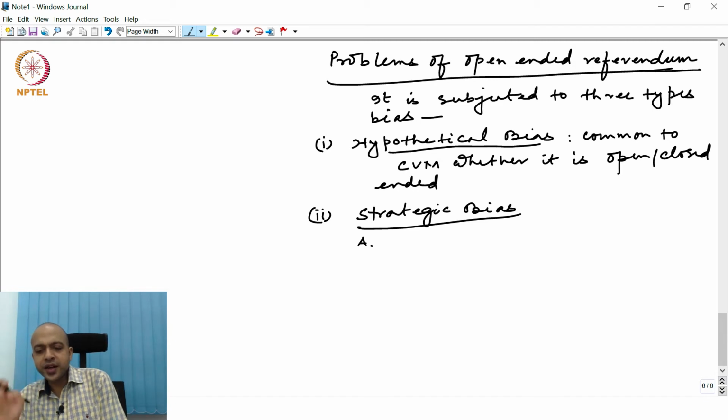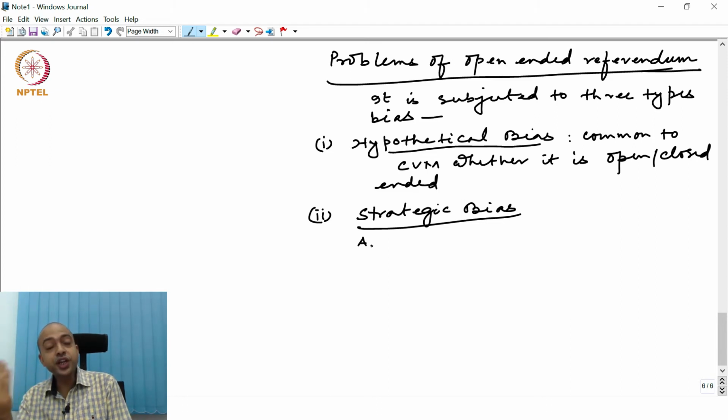Now, why does the strategic bias problem arise in the context of CVM? See, in CVM, we construct a hypothetical market and then we ask the respondent whether they are willing to pay some amount. But this is not actual payment. They are only showing their willingness, right? When it comes to actual payment, whether they will pay or not, that's a different story.